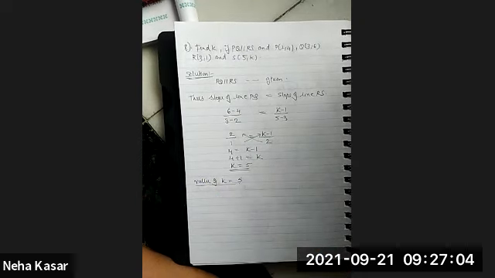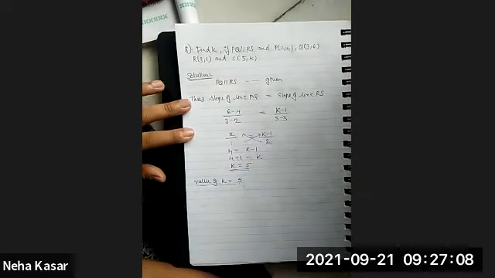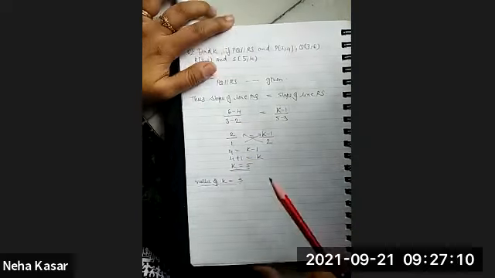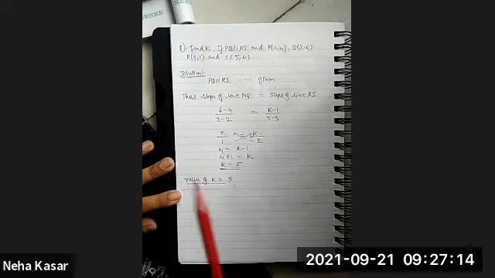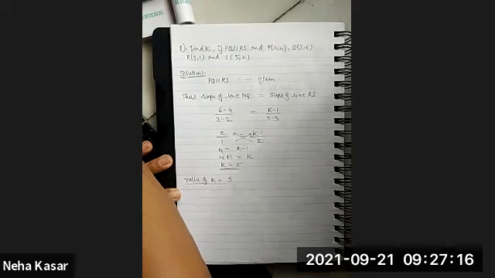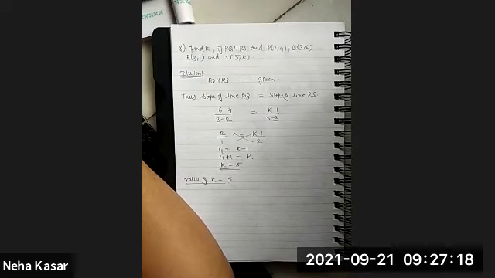So this was a very easy sum. Only the logic you have to apply is that slope of the parallel lines are same. They are equal. That's why slope of line PQ is equal to slope of line RS we have taken.